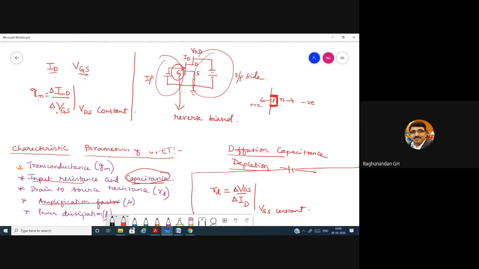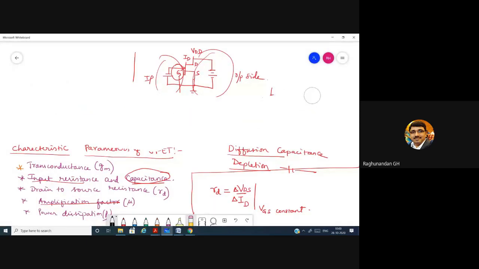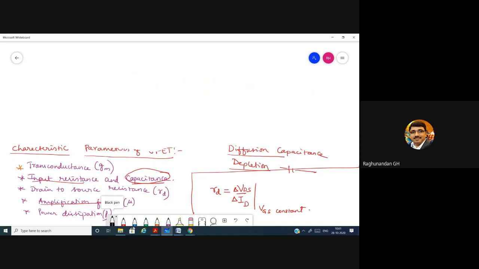In general, what is the basic definition of amplification? I'll give one example. There was a singer, she was singing using a mic.